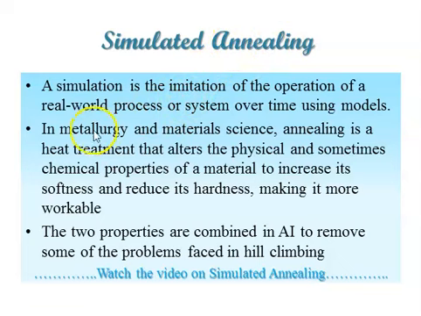Annealing is a part of metallurgy, which is again a part of material science. It is a heat treatment operation which alters the physical and sometimes chemical properties of a material so that we can change the property.